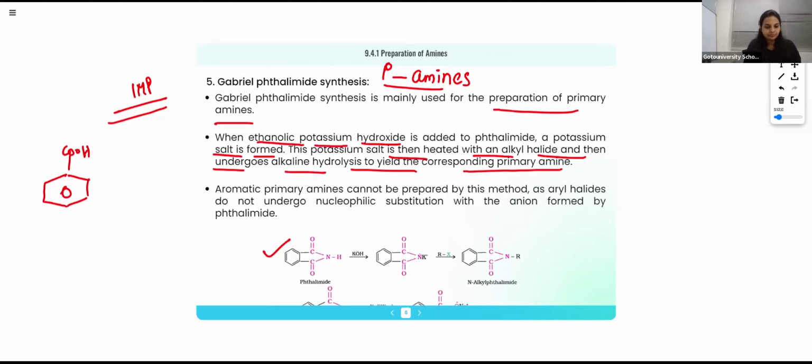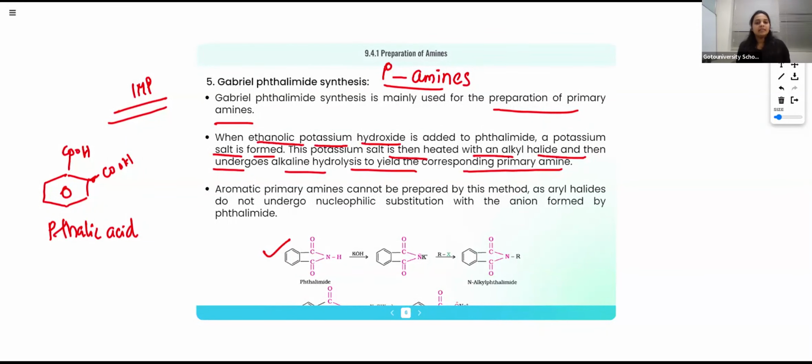What is salicylic acid? From benzoic acid, in the next position we add an OH group. That is called salicylic acid. Next one is phthalic acid. Phthalic acid is a dicarboxylic acid. See, two COOH groups are there.